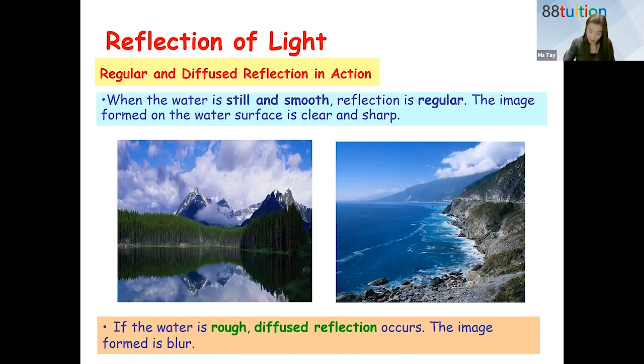You can see the waves there. So the image formed is blur or you can't even see it at all. All right with this? So far, okay? Thumbs up if you're okay. Okay, good. Good. Right.